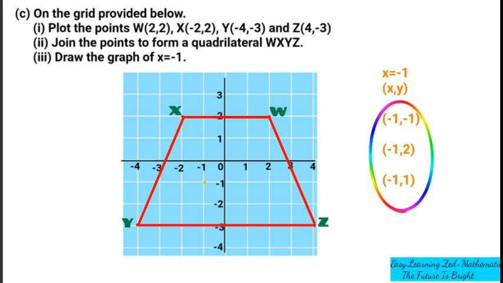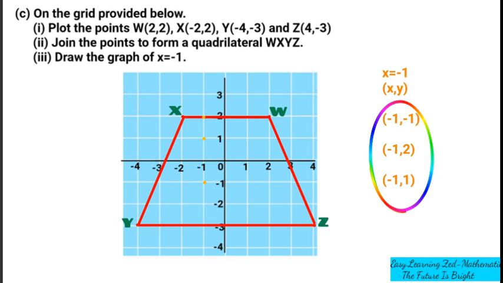Then I come to the second one, which is -1, 2. So -1, 2 is somewhere there on the red line, so I have put the dot there. Then I have -1, 1, which is here.